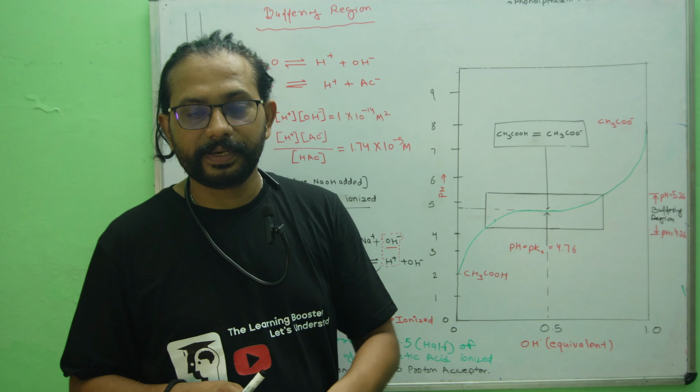At the beginning the acetic acid is present at a pH of around 2, and at the midpoint the concentration of acetic acid and acetate ion is equal. Where the flattening of the curve starts and ends, that region is called the buffering region. Now when we prepare a solution, the pH must be considered.